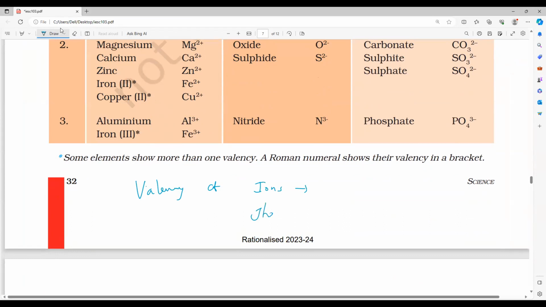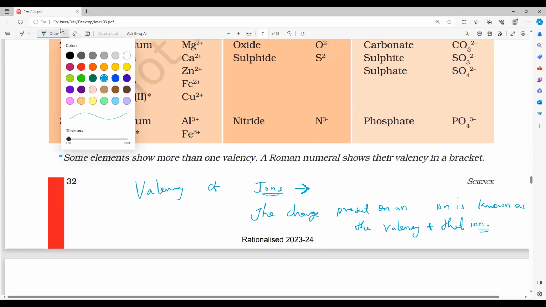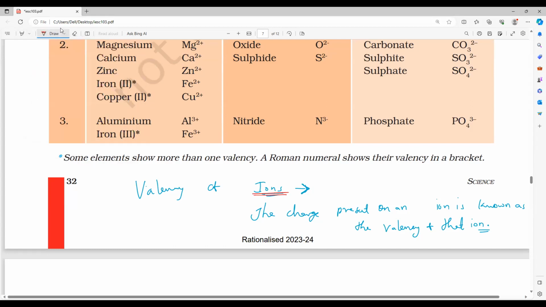Write it: the charge present on an ion is known as the valency of that ion.